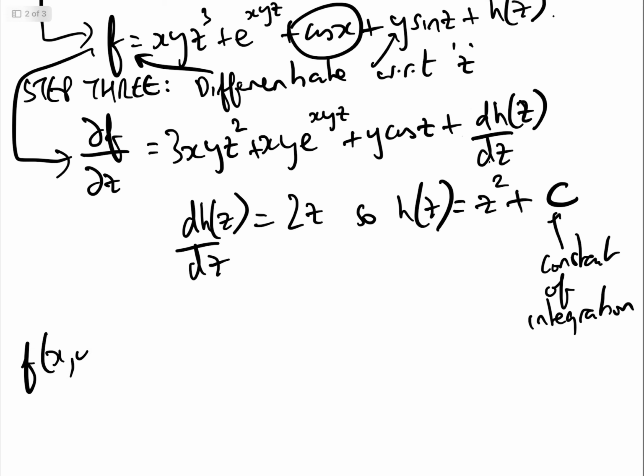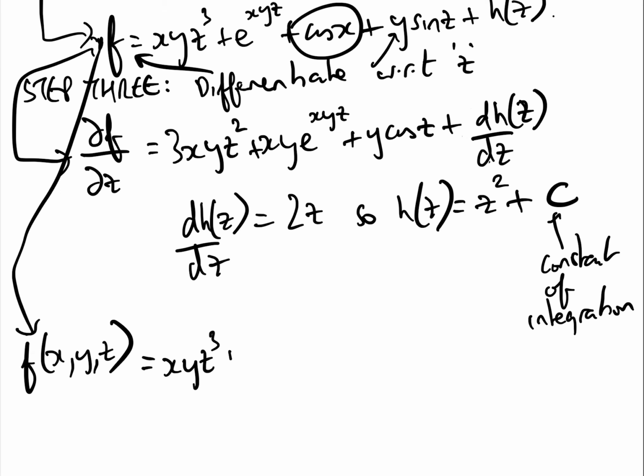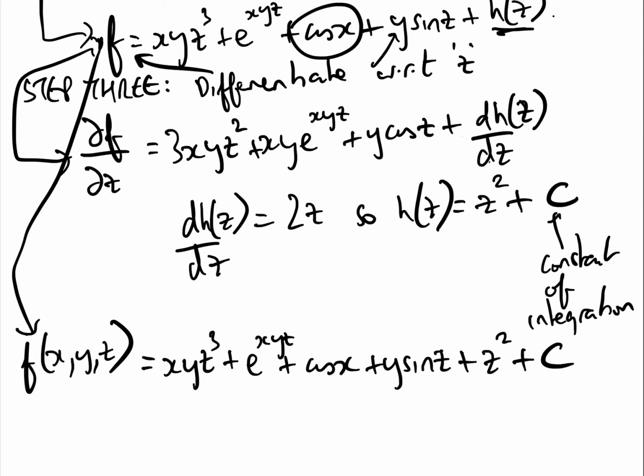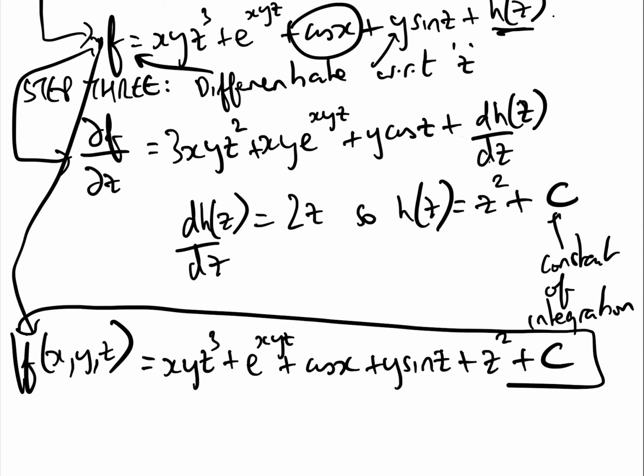So therefore our potential function f of x, y and z, we can bring it down from here, is equal to xyz cubed plus e to the xyz plus cos x plus y sine z plus, we now know what h of z is, z squared plus c. And that is our scalar potential function. And we have our answer.